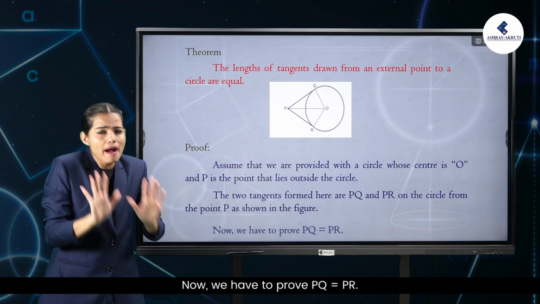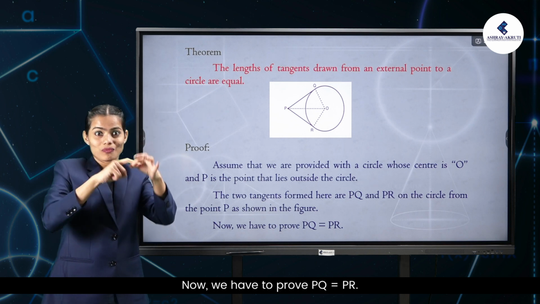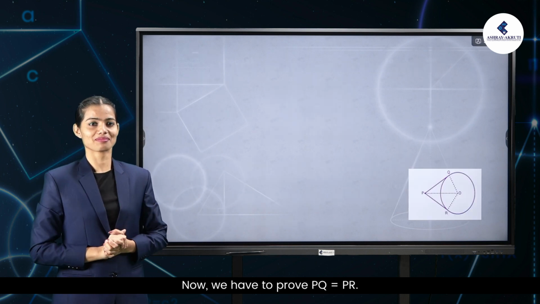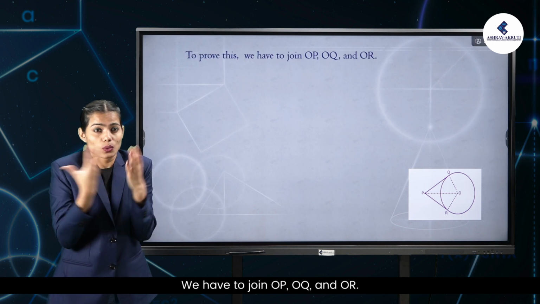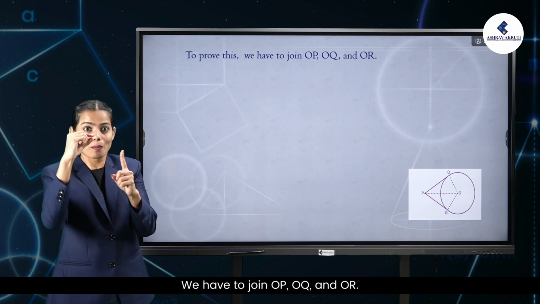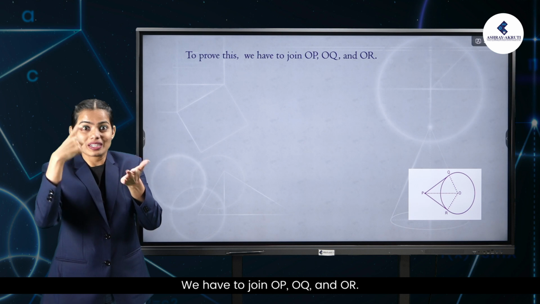Now, we have to prove PQ is equal to PR. To prove this, we have to join OP, OQ and OR.